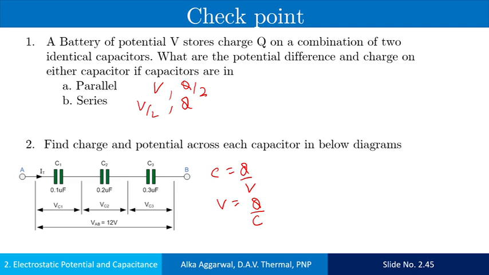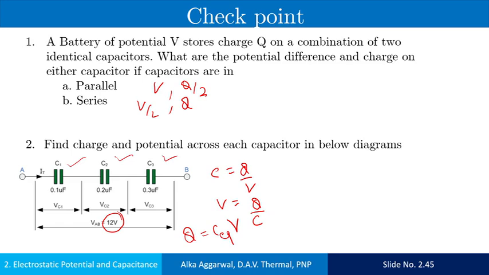After finding out the C equivalent, find out the value of charge, which is equal to C equivalent into potential of the battery. And same charge is flowing through the C1, C2 and C3.